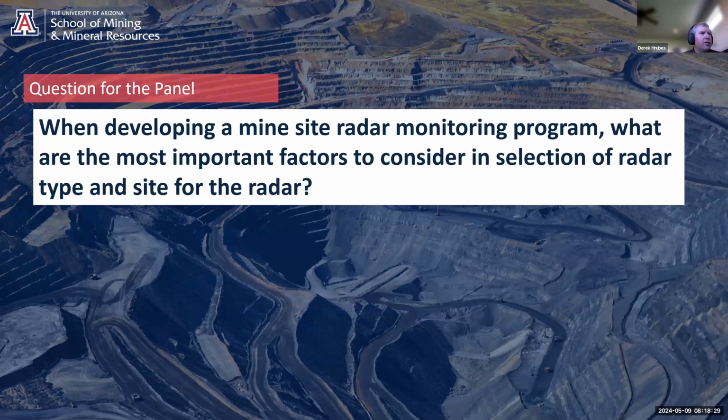In terms of locations, Albert, I think you'd mentioned the failure modes and mechanisms. So having appreciation for the sliding and toppling rotational failures might alter where you actually want to situate these units. Given that it's a line of sight technology, it's going to pick up those different types of movements in different ways.